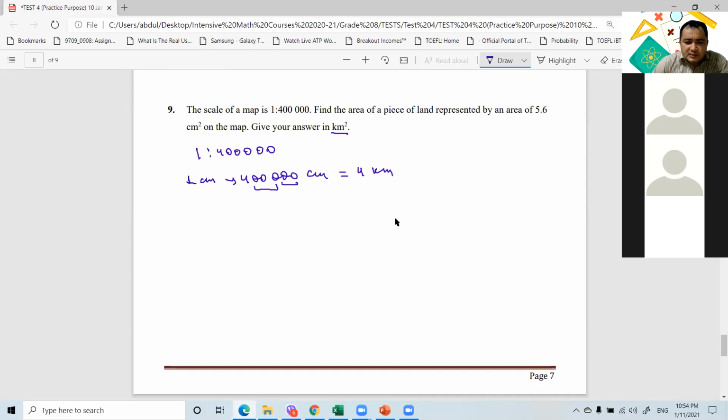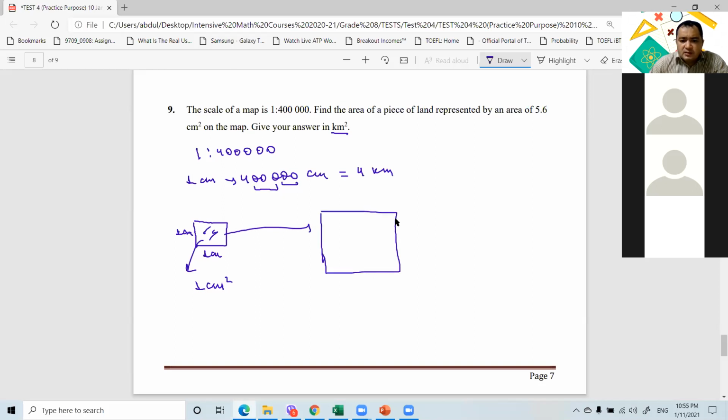Okay, so what does it mean? It means that on the map, if we have a piece of area that is 1 cm by 1 cm, this area will be 1 cm squared. And this piece of land represents this area, right? 1 centimeter represents 4 kilometers.